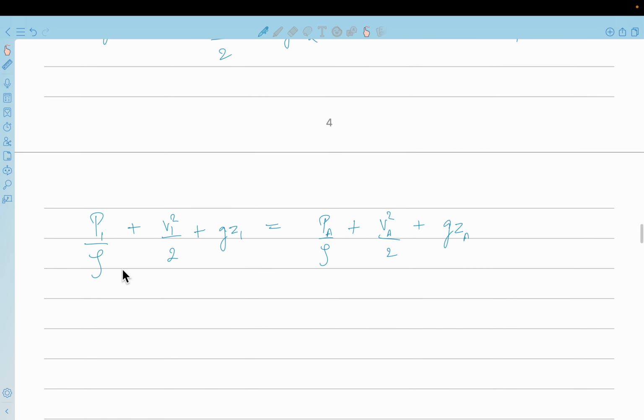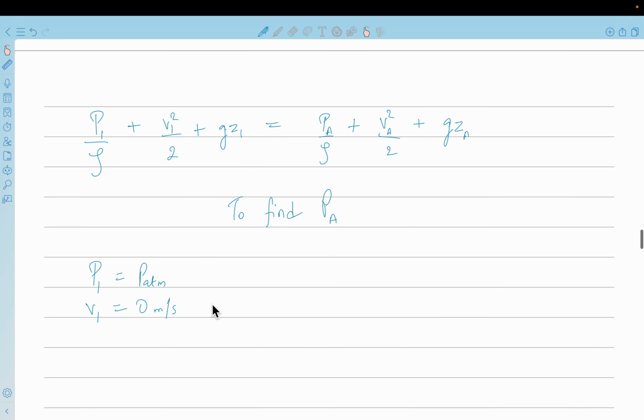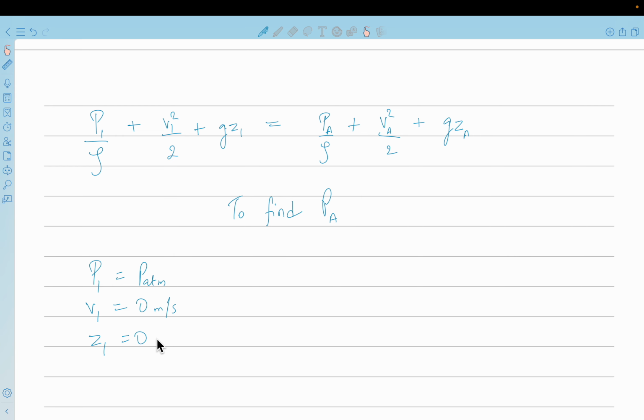Now we need to find PA, so we need to know all the other terms. P1 I know, P1 is P atmosphere. V1 is 0. And Z1 is 0. So on the left hand side only this term survives.